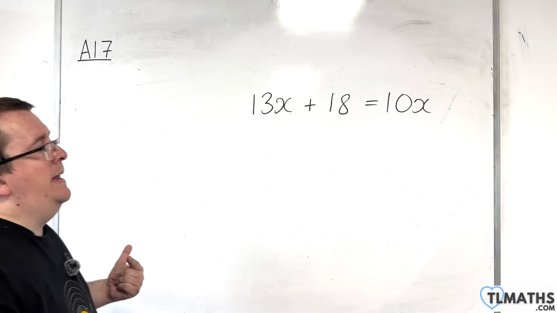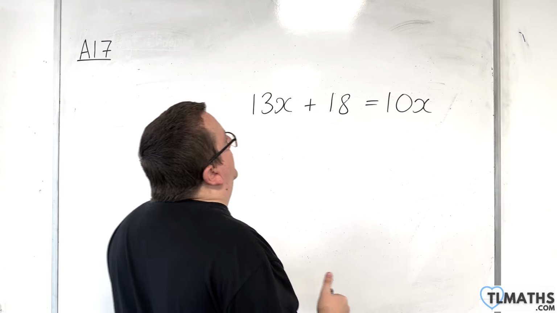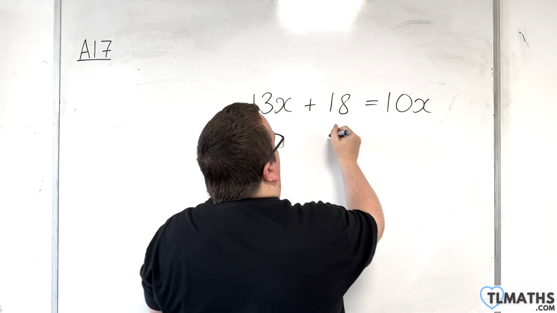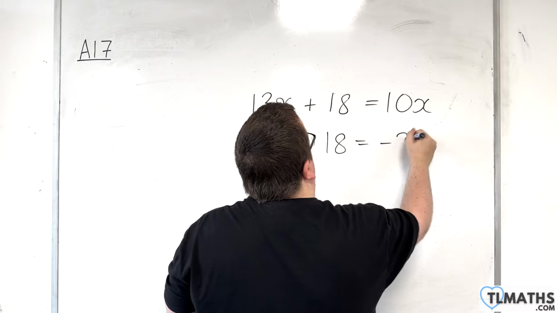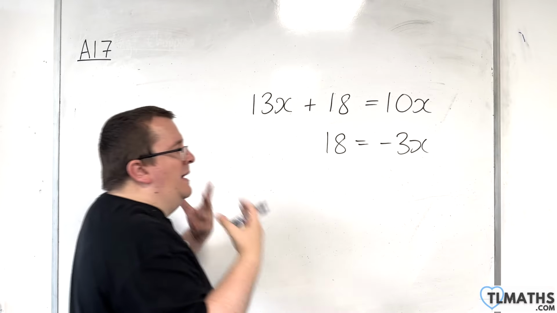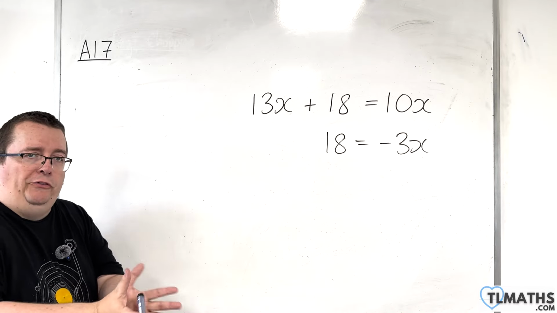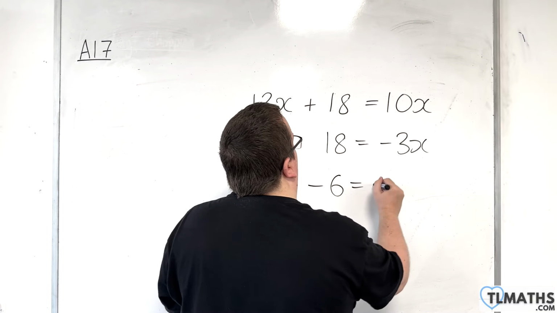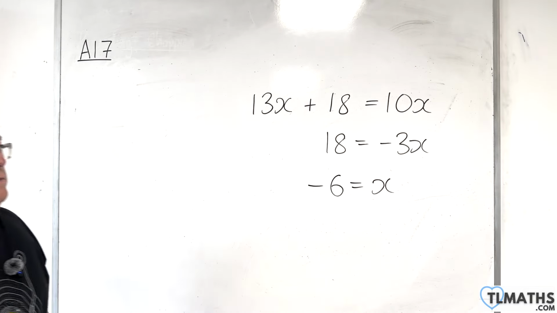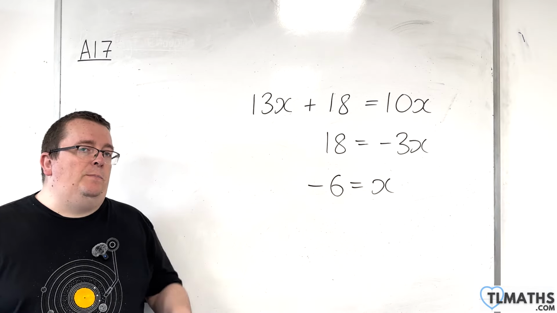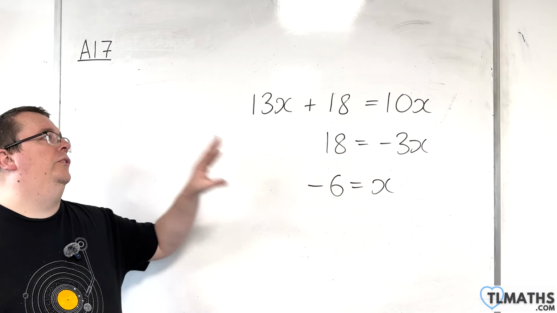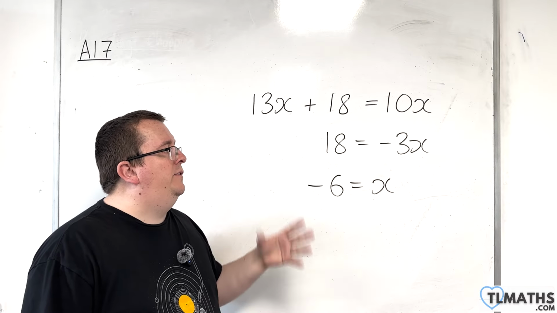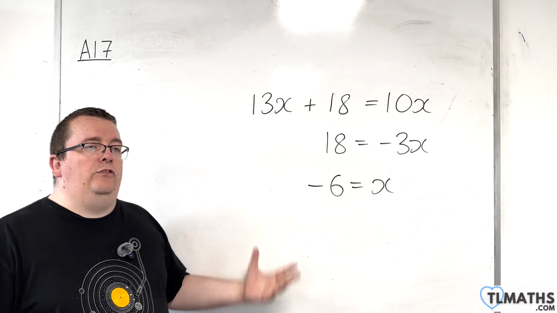My target here is still to get x equals, and the fastest way to do that is to subtract the 13x from both sides to make it look as close to x equals as possible, and then to divide through by the minus 3. Okay? So that is my target, to get the x equals, and if you target that and you're happy with working with negative values, negative numbers, then this is really the way to go.